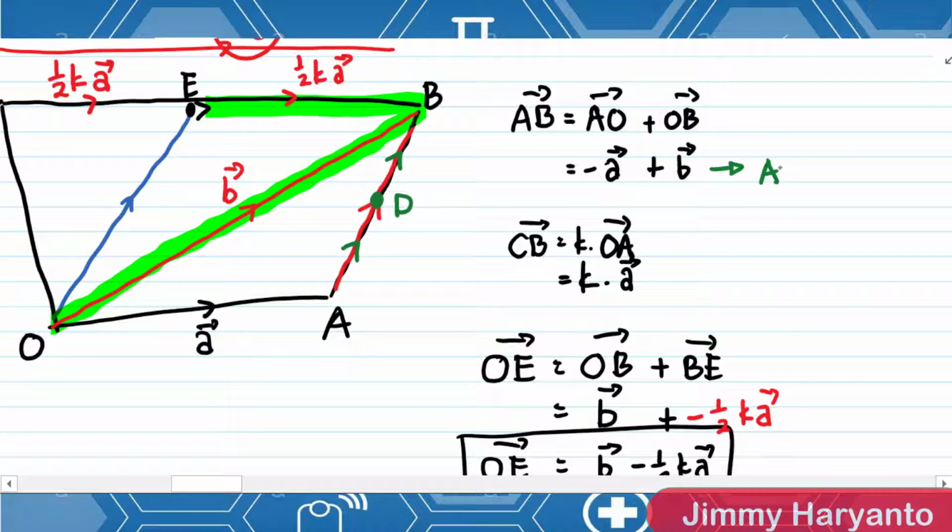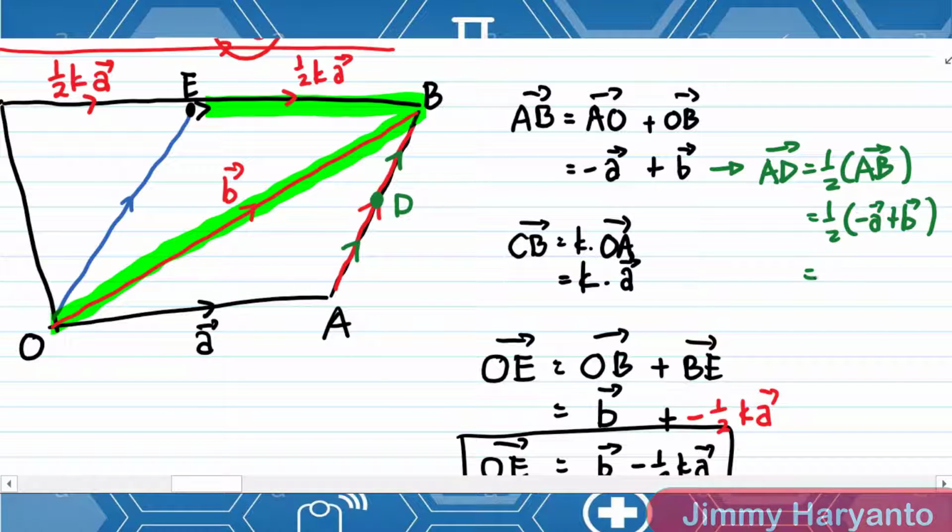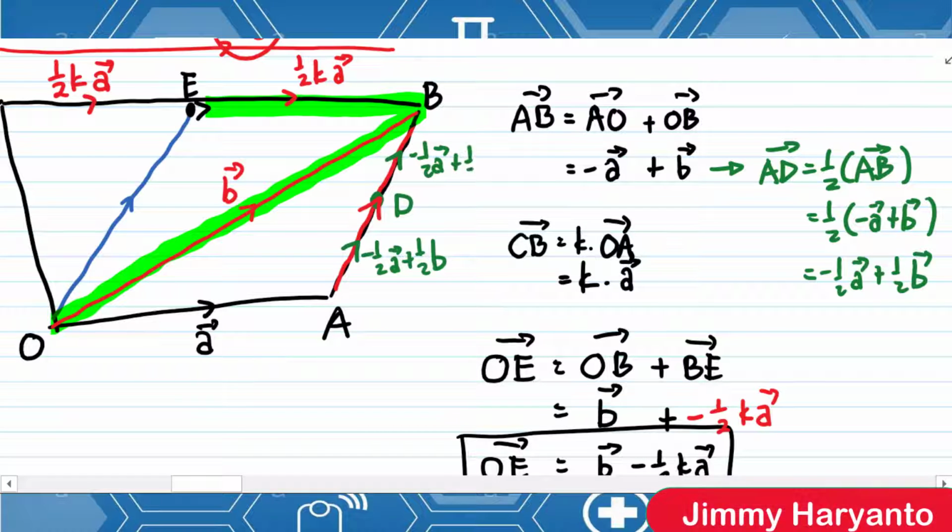So I can have AD equals half of AB, equals half times AB. AB is negative A plus B. So I have negative half A plus half B, and the other one is also the same.